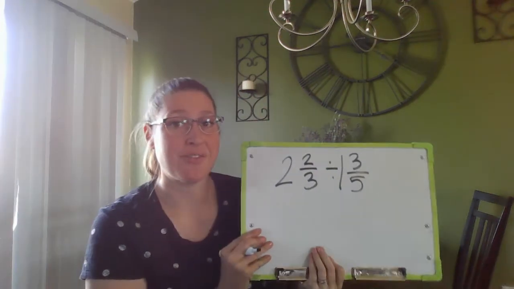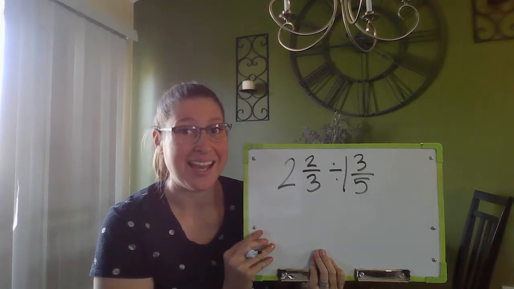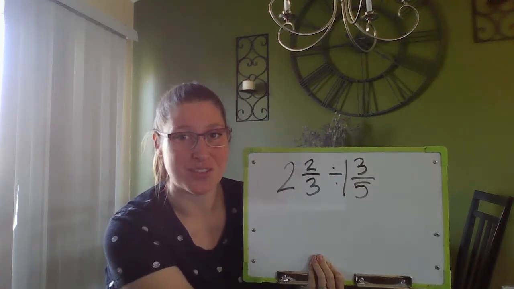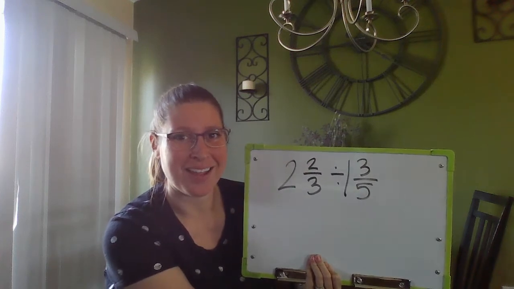Okay, so we're going to practice one more, but we're going to do it with mixed numbers. So we have 2 2/3 divided by 1 3/5. If you want to try and see if you can do it on your own, hit pause, come back to us in just a few minutes and see if you get it right.